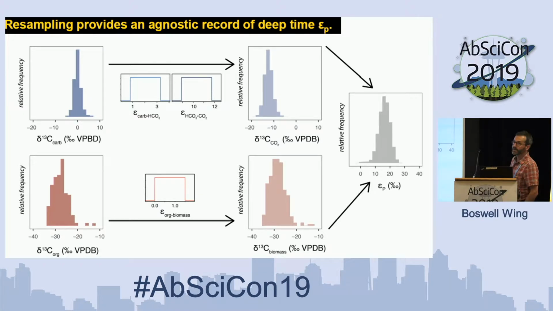Combining these two, effectively just taking their difference, gives you a frequency distribution of the so-called epsilon p for primary productivity, epsilon for a difference in delta values, that then may tell you something about what carbon fixation pathways were operating in deep time.